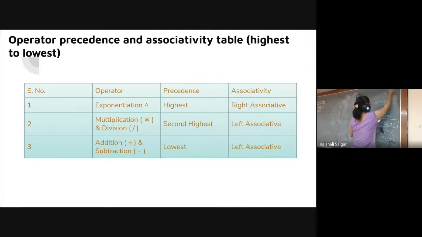So we will get prefix as minus exponential B2 asterisk asterisk 4AC, whereas the postfix format is B2 exponential 4A asterisk C asterisk minus sign. I hope the answer is matching.